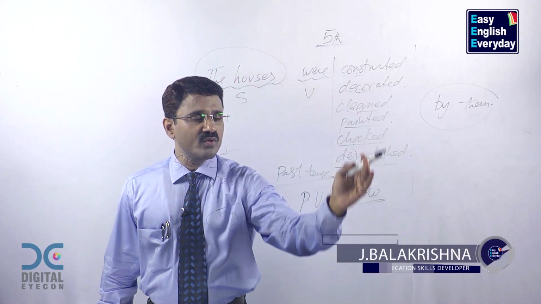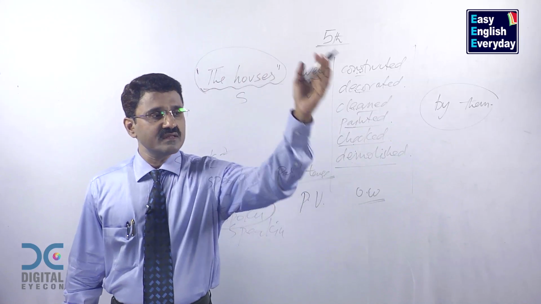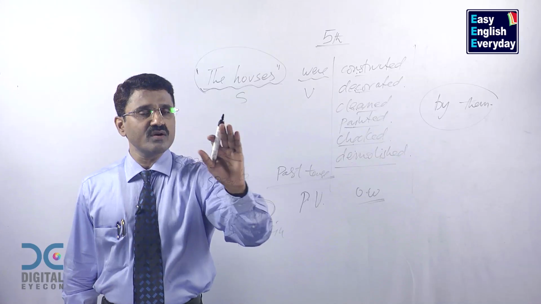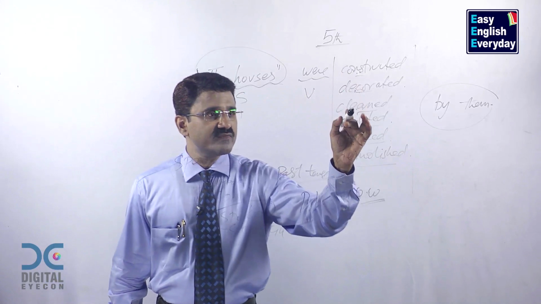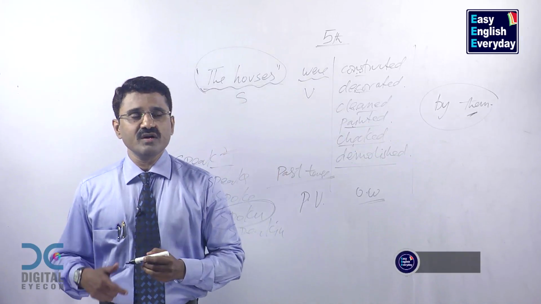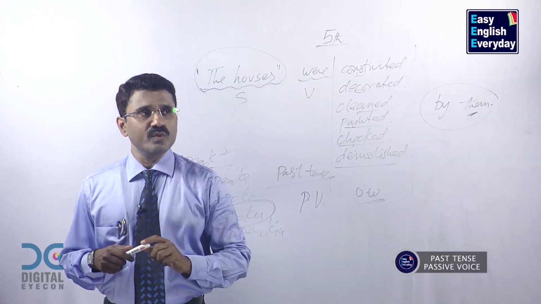Houses did not do all these actions. These actions were done to the houses. These actions happened to the houses. Houses were not the doers. The doers of these actions were these people. This is called past tense passive voice. This is the fifth use of verb.